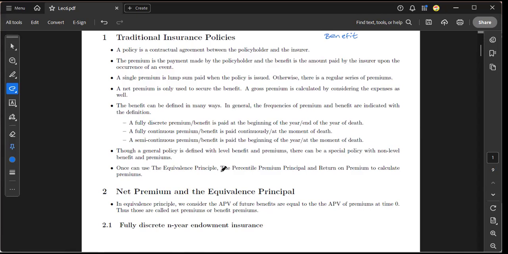Always the benefit is the same. And the premiums, we always pay the same premium throughout the premium paying period. That means this month I pay $1, next month again $1, like that. At each time I pay the same amount. That's why it is said that level benefits and premiums apply. But there are cases where non-level benefits and premiums are paid.